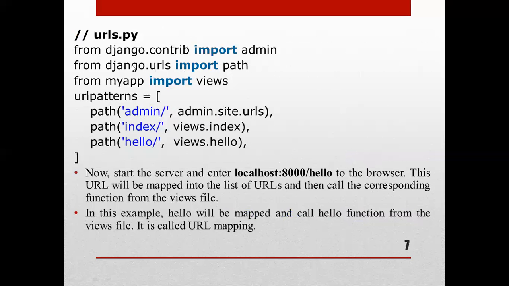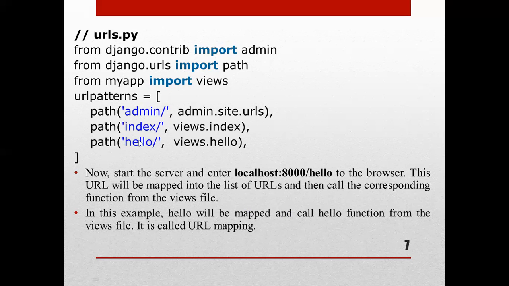Now the urls.py file contains, see, from django.contrib import admin. Then we have to import path from django.urls, and we have to import views from my app. Then urlpatterns. The URL patterns consist of path admin, then path index, and now path hello.